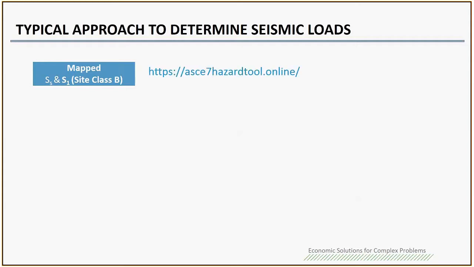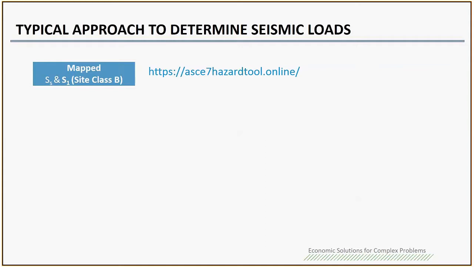You can either use the maps in the IBC section 1613 or go to this website. This is the ASCE 7 Hazard Tool online website. It's designed so that people can automatically determine the seismic load based on your location. You can either input the longitude, latitude, or your zip code or your address.